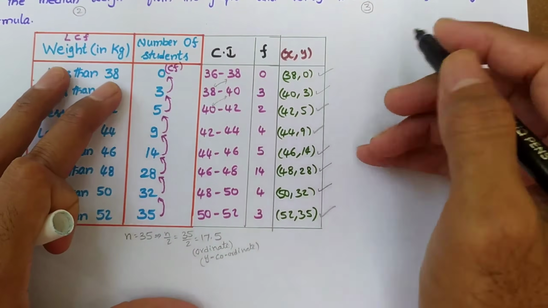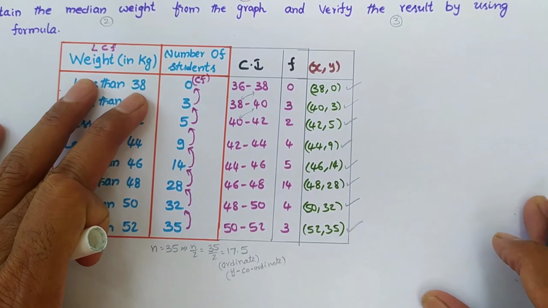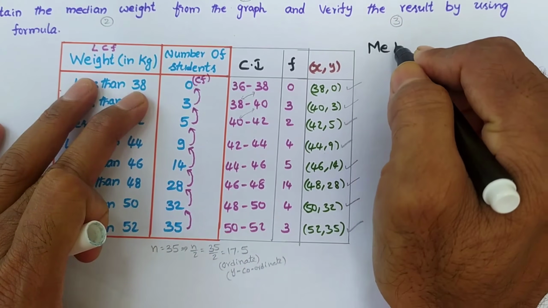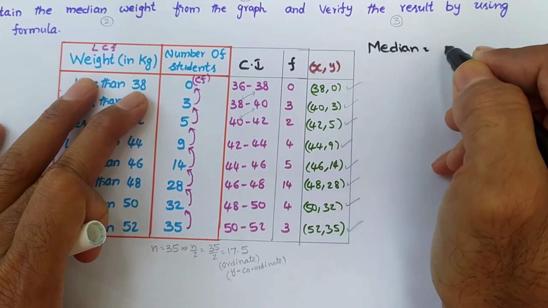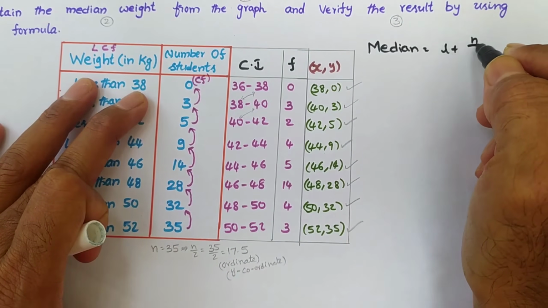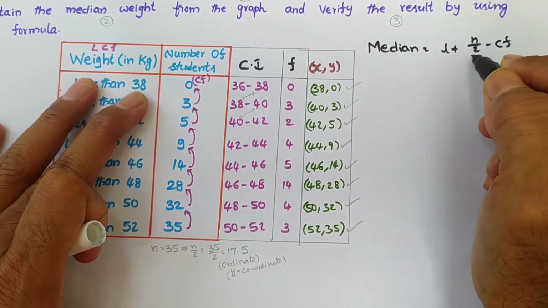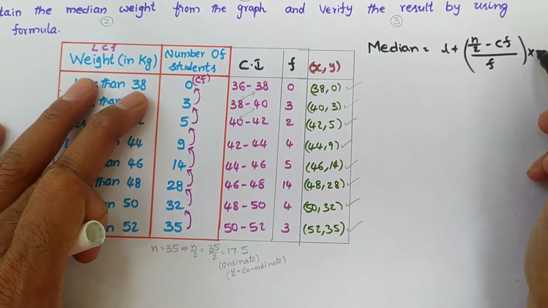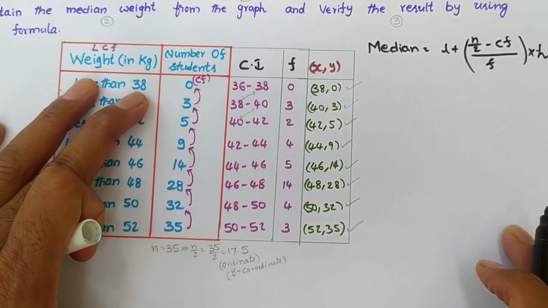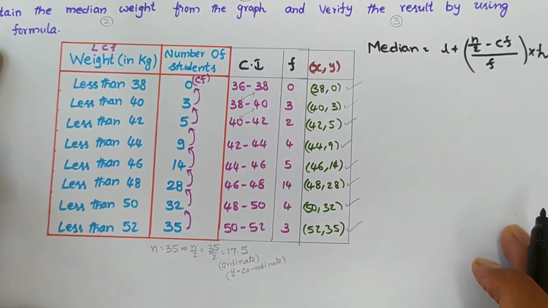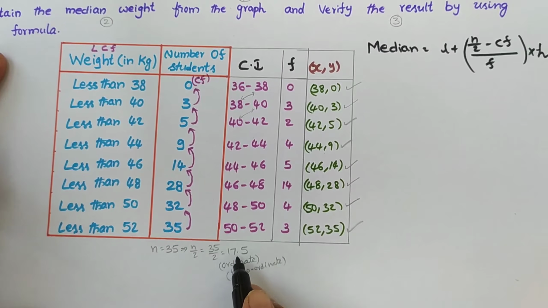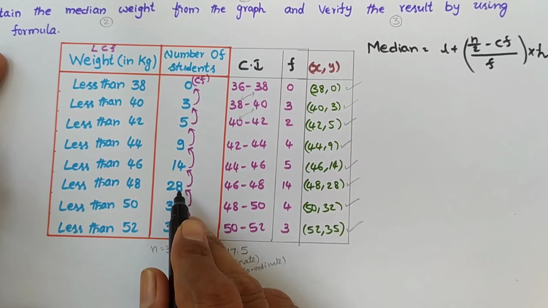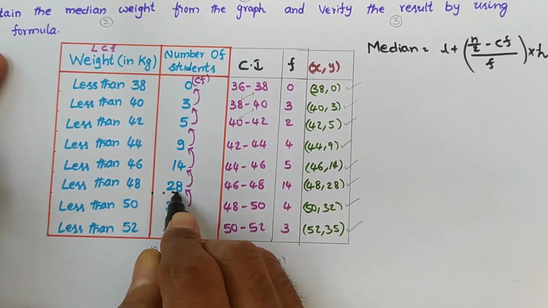Now we know the formula of the median. Median is L plus n by 2 minus Cf by f into H. Right. Now let us find all these values from this table now. Since n by 2 is 17.5, in the cumulative frequency, which value is just more than 17.5?